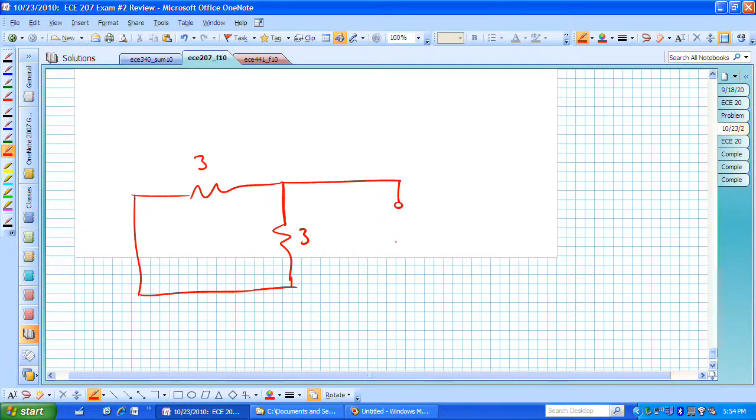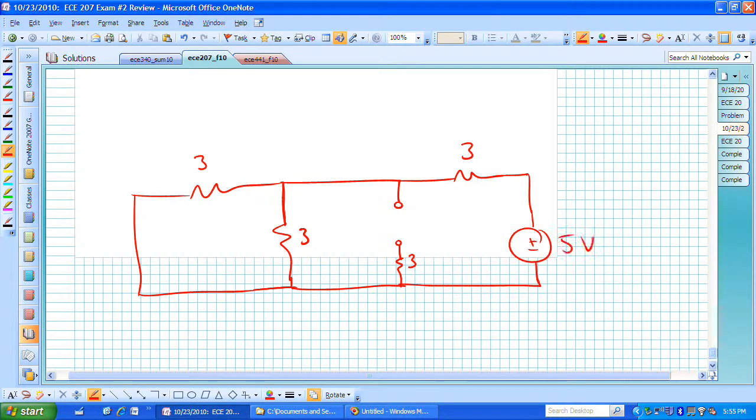The capacitor gets opened up, and we have this resistor which has no current flowing through it because there's no path for that current to flow through. Consequently, since there's no current through this 3 ohm resistor, there is no voltage drop across it. Here's another 3 ohm resistor. The inductor shorts out, and the only thing remaining is this 5 volt voltage source on the rightmost side of our circuit diagram.